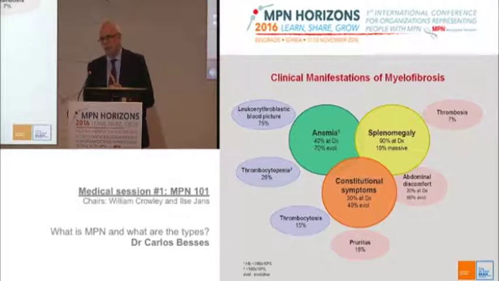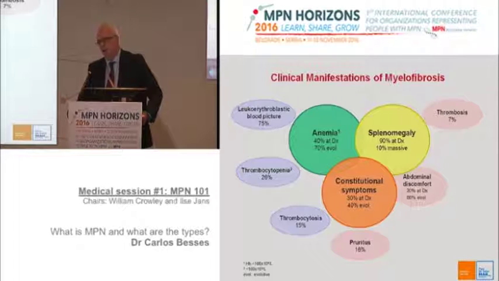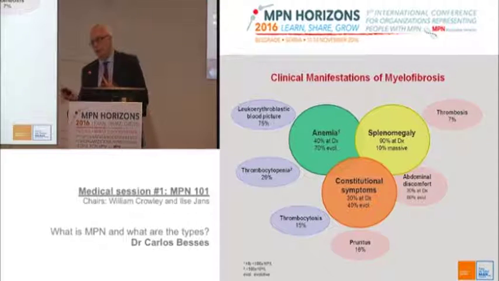That's presence of sweating, fever, fatigue, weight loss. Apart from this, a big spleen may cause abdominal discomfort in 20% of patients at diagnosis. Thrombosis is not so frequent as it happens in PV and in ET. And there is really a combination of excess of blood cells and lack of blood cells, thrombocytosis, thrombocytopenia.